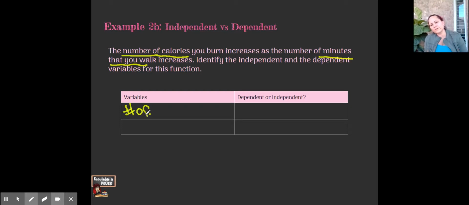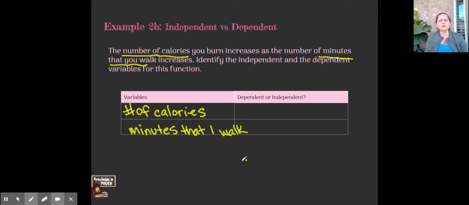Number of calories, and minutes I walk. Oh, that I burned. Number of calories burned. I'll just say it like that, right?